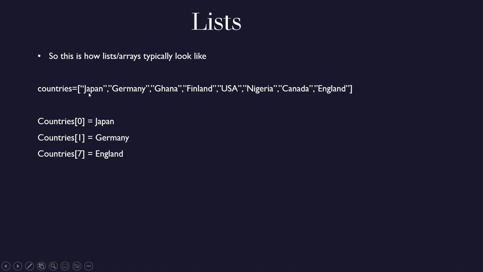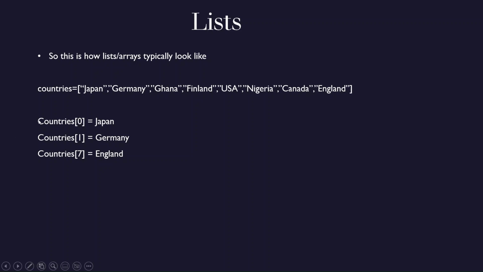So if you want Japan, we are telling it to go to the countries variable and go to position 0. And this is how we access it. So go to position 0, and that will be Japan. I'm just using this to denote that when you go to countries position 0, it is Japan. But if you actually do this in the code, it is going to store Japan at position 0, which means if you want to overwrite something at a list position, we can do it this way.